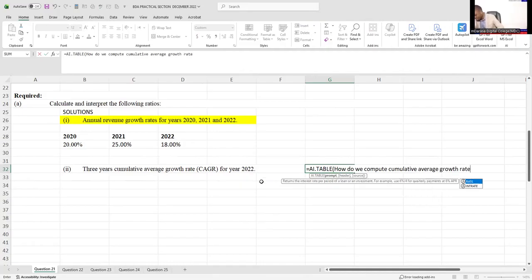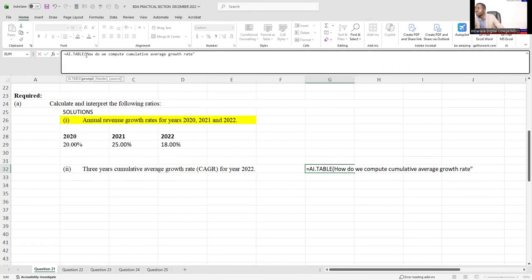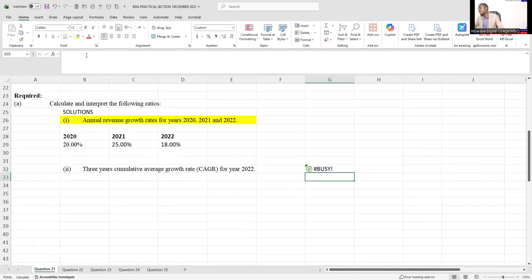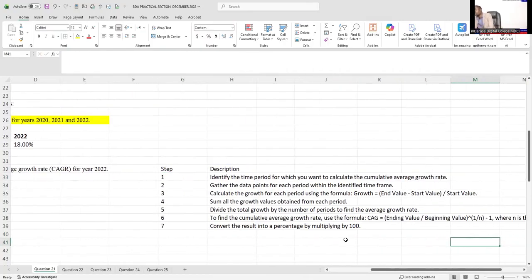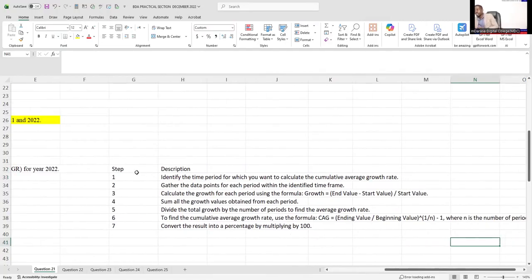See, we want AI to show us how to go about this without working it out for us. But because you had the formula, it will pick as if it will want to work. But the question here, I don't know how to go about it. So I'm asking AI to help us do that, right?